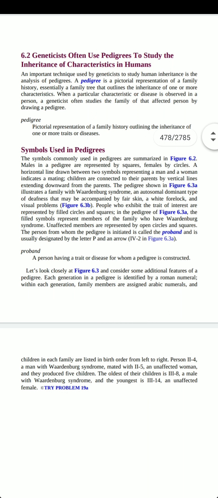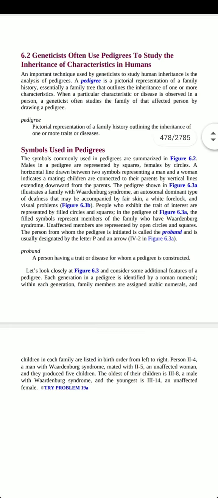As a result, the geneticist can collect all the information and make a pedigree, and thus he can analyze what kind of trait it is, autosomal dominant, autosomal recessive, or how the inheritance pattern of that disease or trait occurs. Okay, the symbols used in pedigrees are already explained.